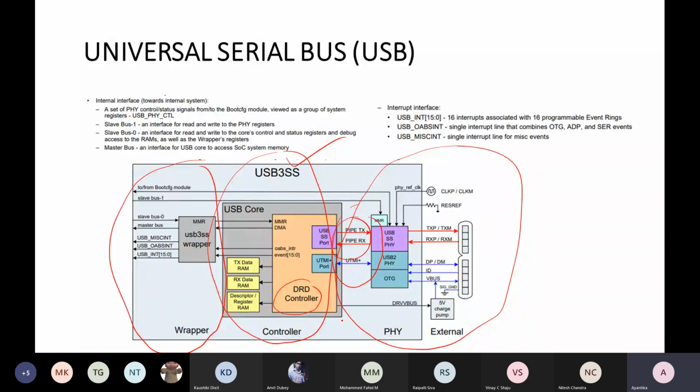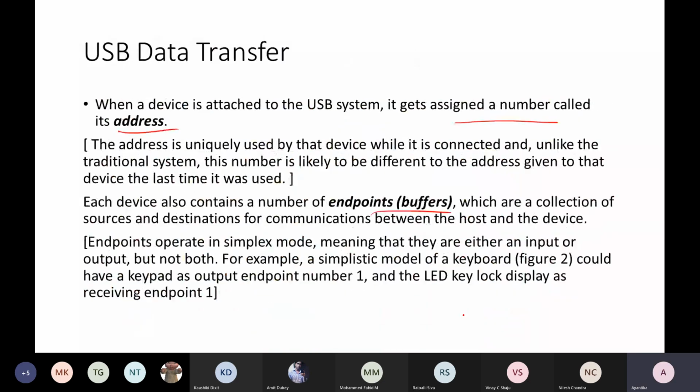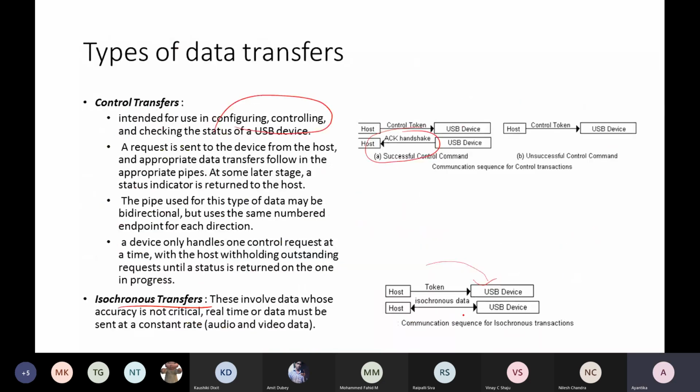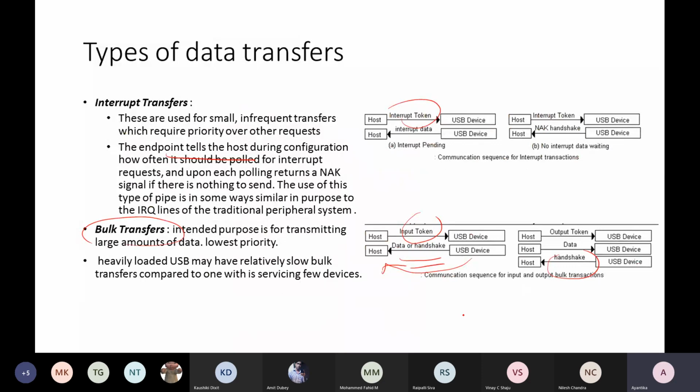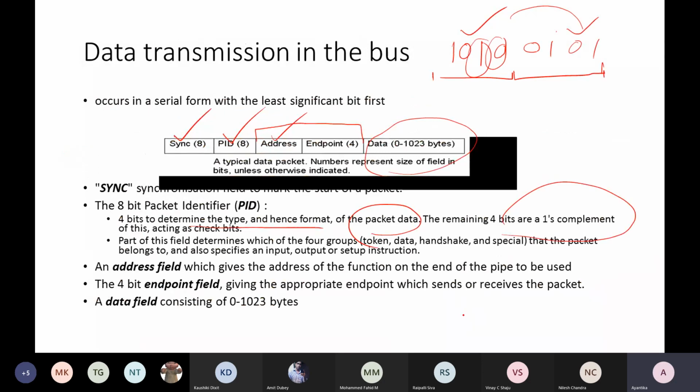And this PHY layer, this is for modulation, demodulation, serialization of data, and the final communication. Basically, this defines the physical layer activity. Okay. So these are the few steps of how data communication takes place in USB with these 4 modes of transfer and with these forms of data packets.